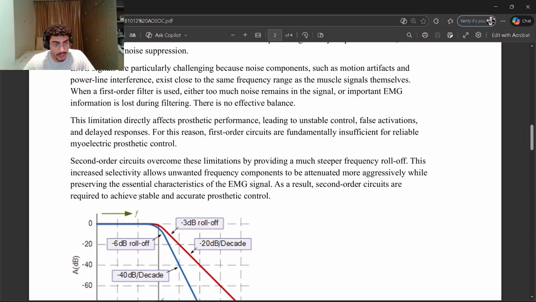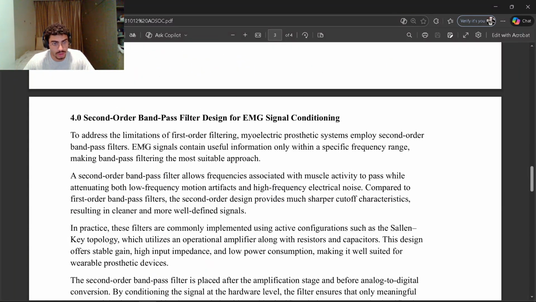This is why we use second order circuits. The one we're going to talk about today for this specific control system is the second order band pass filter design, right? These address the limitations of first order filtering by employing second order band pass filters.